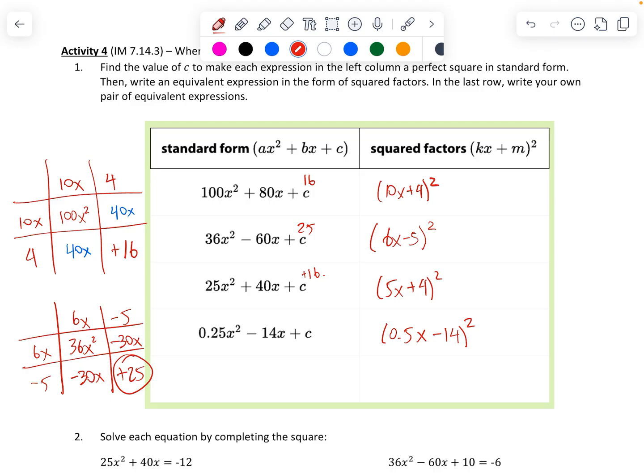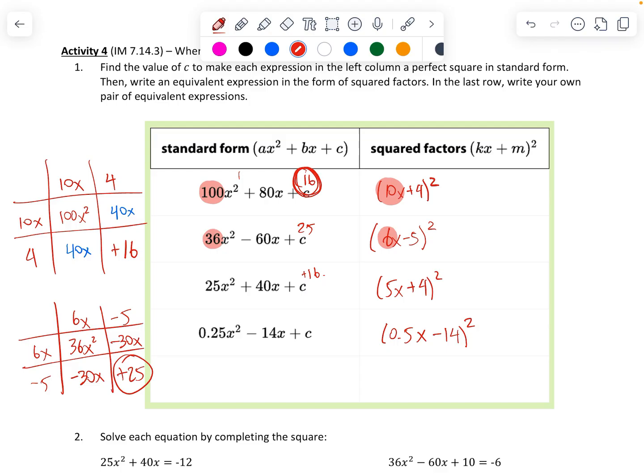Now, I guess the pattern here, we notice that this first term is always the square root of the A. You see 6 is the square root of 36. The second constant here is the one that we need to find. That one's a little bit harder. But basically, to relate the two, you're taking the square root of 100, which is 10.